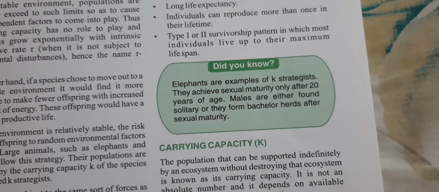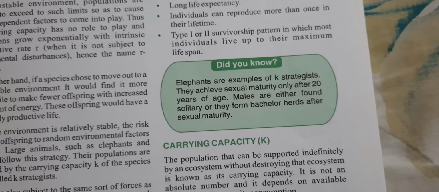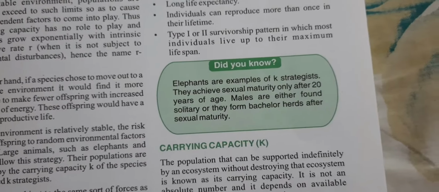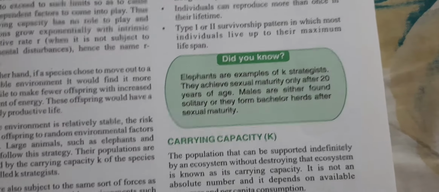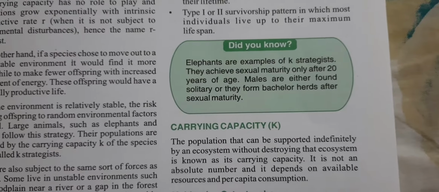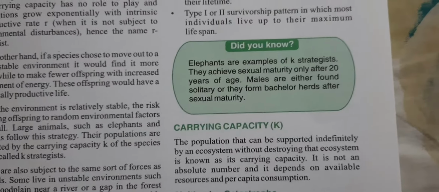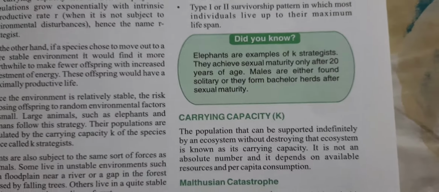That is the resource for those 100 cows. But if the number of cows exceeds 100, it is destroying the ecosystem of that particular grassland. That is the concept of carrying capacity.